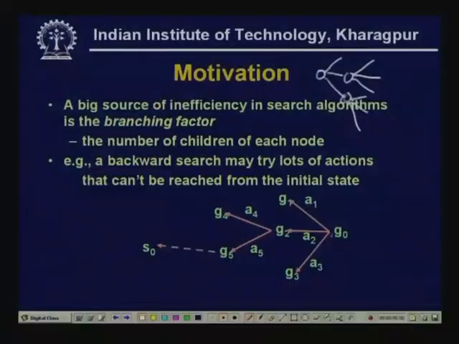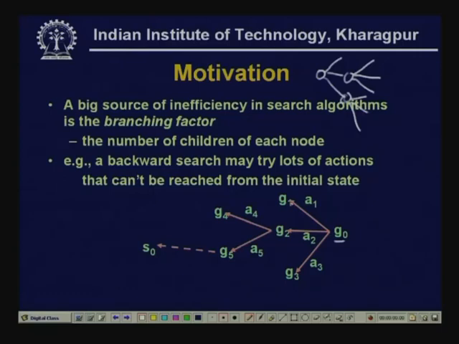So, to make a search problem more effective, what we would like to do is to limit the branching factor or limit the number of children of each node. When you look at backward planning, you start from the goal and you find all the actions that could have produced the goal state, and then from each of the previous nodes you do the same thing.